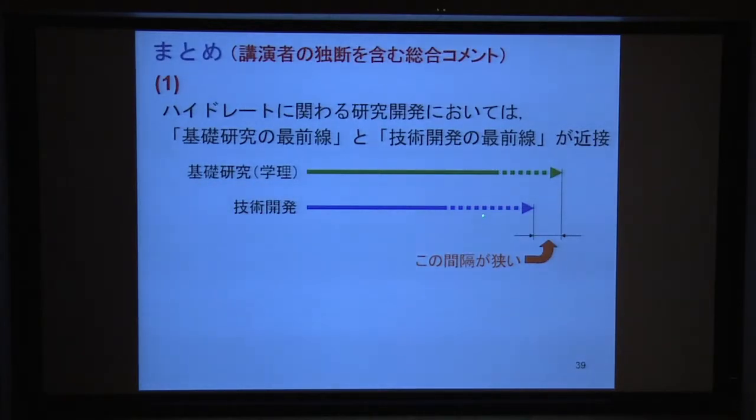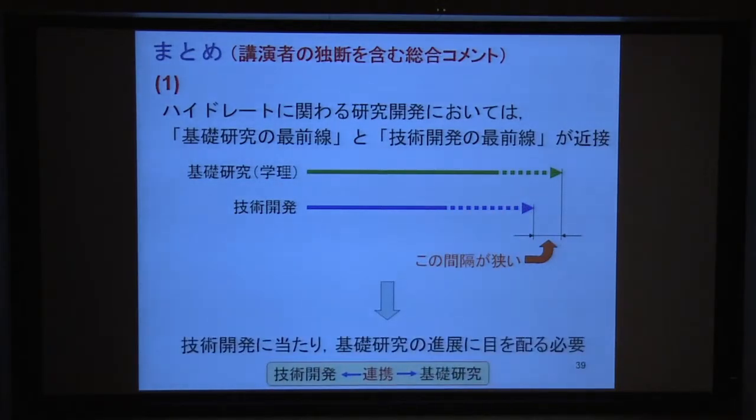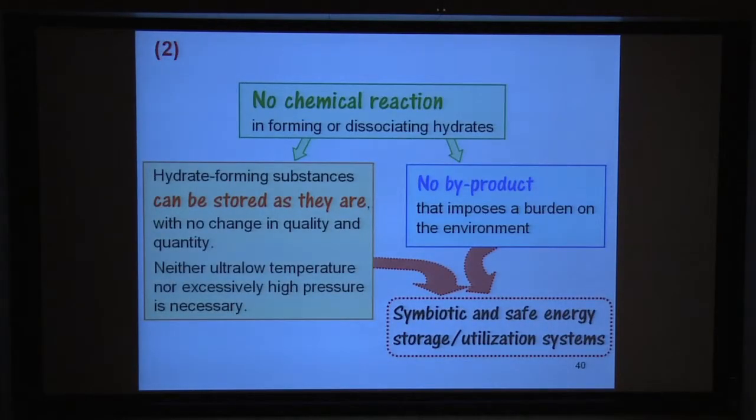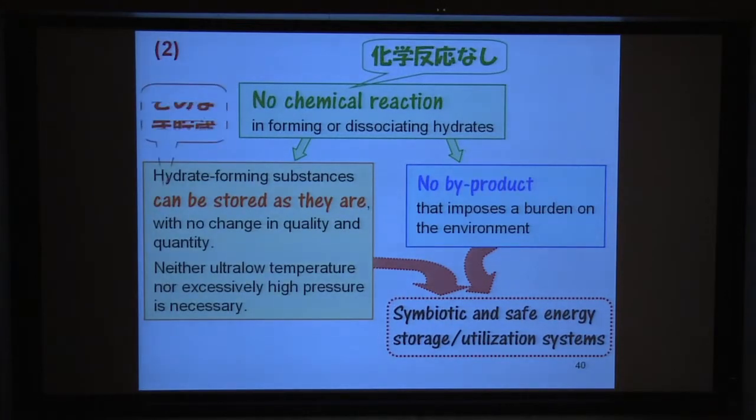But in the case of hydrate, even the basic research is still going on. So when we develop the technology, we always need to take care of how advanced the basic research is at the moment. In that sense, it's quite important to have partnership and cooperation between technological development and basic research.